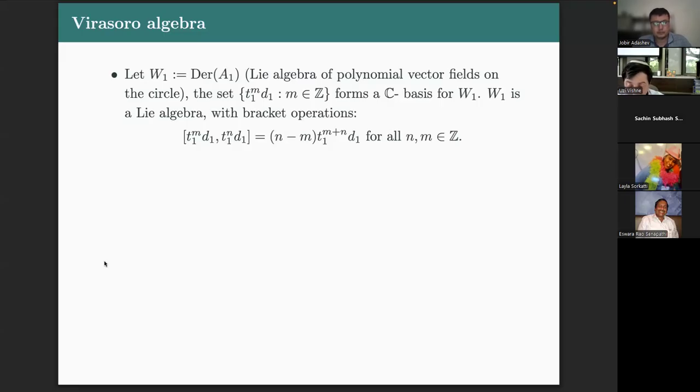Okay, so you have a very nice bracket operation, which satisfies the usual relations.